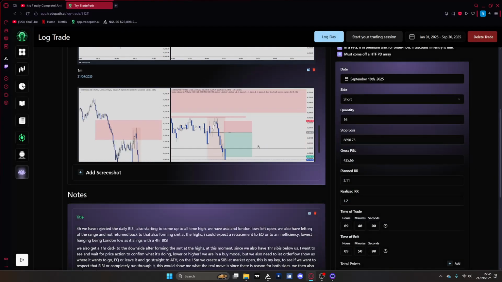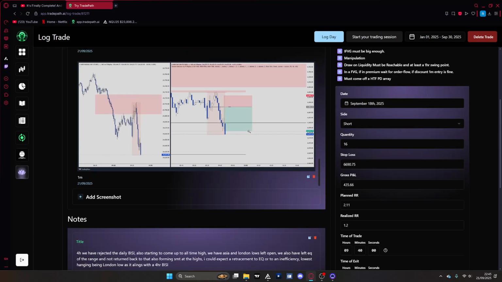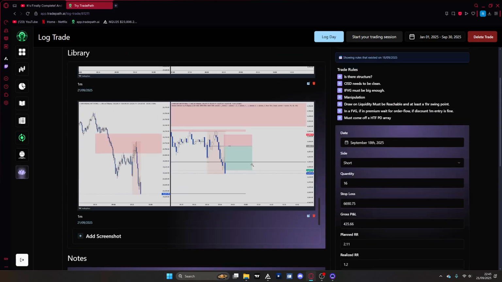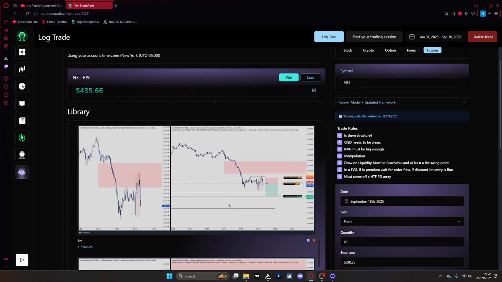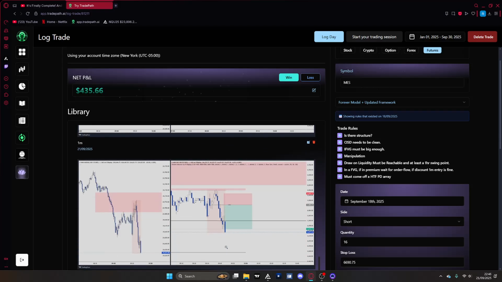However, what I did wrong here was that I didn't take all off at London low and Asia low. I took a partial at Asia, and another partial at London. My mistake was leaving runners on, and why is that? Because we don't have any drawn liquidity below that. The drawn liquidity was purely London and Asia low.